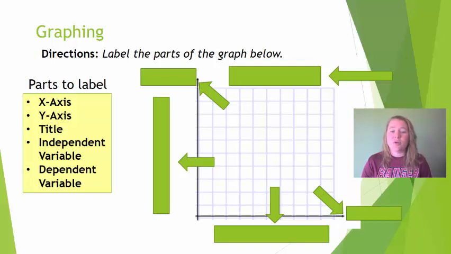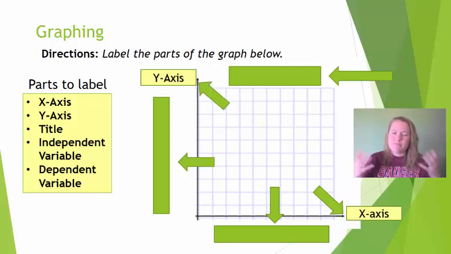In this class, you are going to have to do quite a bit of graphing. Pretty much every single lab requires you to make a graph. And I want to make sure that you know the basics of labeling a graph and where all the parts are. So the x-axis, and you should know this from math class, is the horizontal axis, and the y-axis is the vertical axis. That should be review.